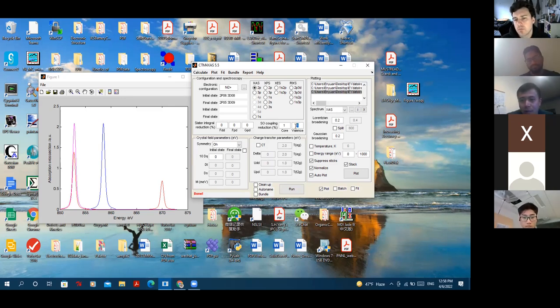So I believe this probably means we need to reduce this number to a much smaller value. This is too big for the valence spin orbit coupling. So we need to scale it down a little bit. Okay, and let's just temporarily put it back to 0, so we do not have to worry about this.